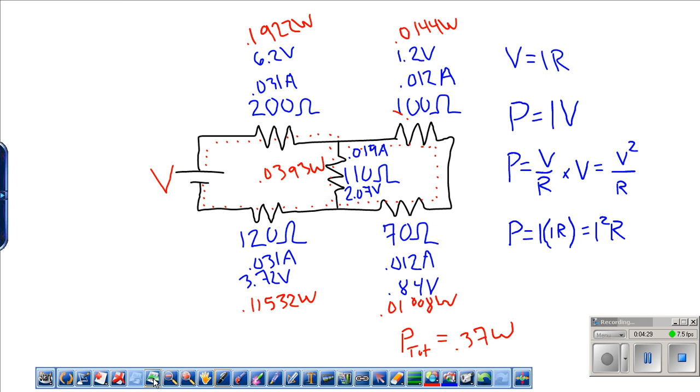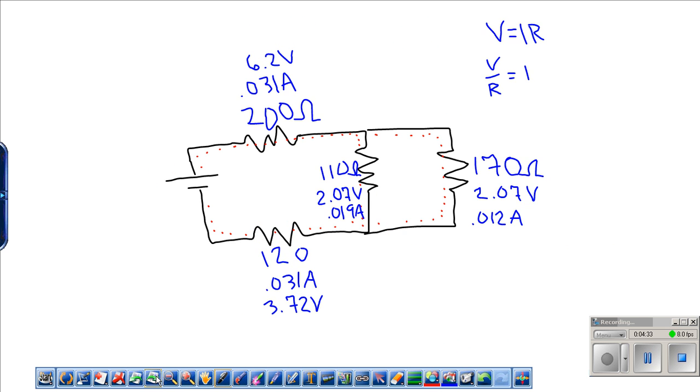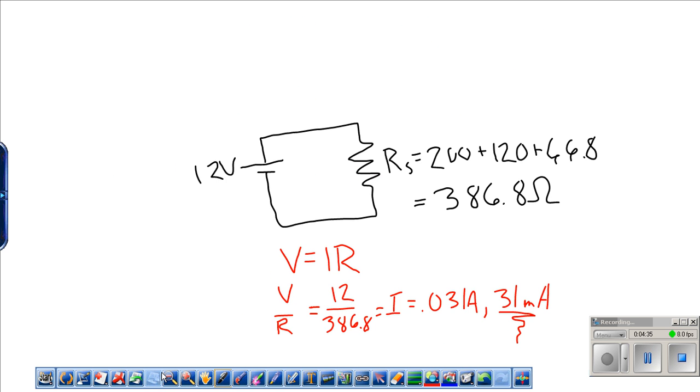I want you to look at something real slick, though. It's a little shortcut. It's our last slide right here, where we reduce down our circuit to a 12-volt source and a 386 ohm resistor. What's the power consumption of this circuit?